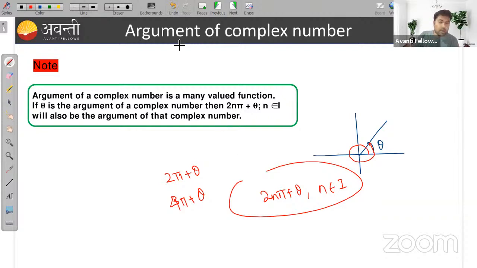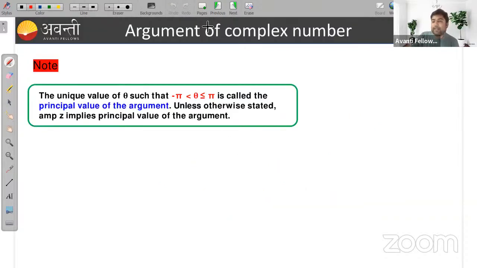Okay, good. Move to the next point: the unique value of theta. Now we are introducing the principal argument. What is the principal argument? When theta belongs to minus pi to pi, that is my principal argument. Why are we taking it like this?